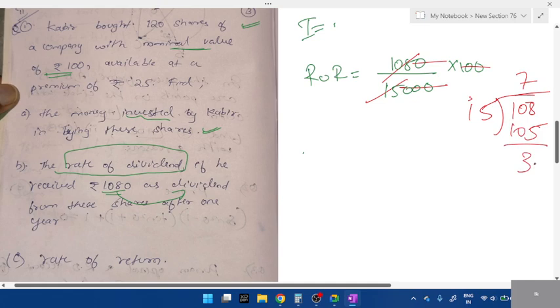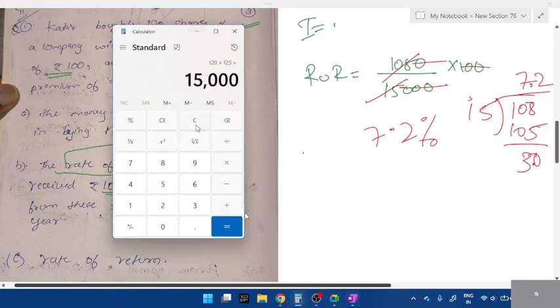What's the answer you got? 12%. Okay, 7.2.